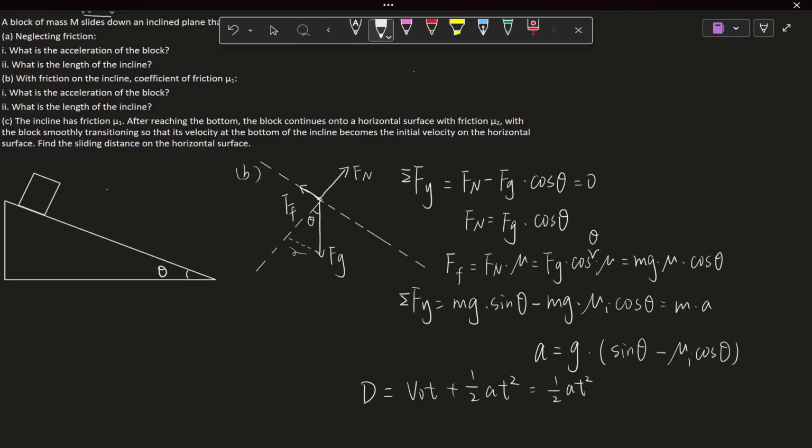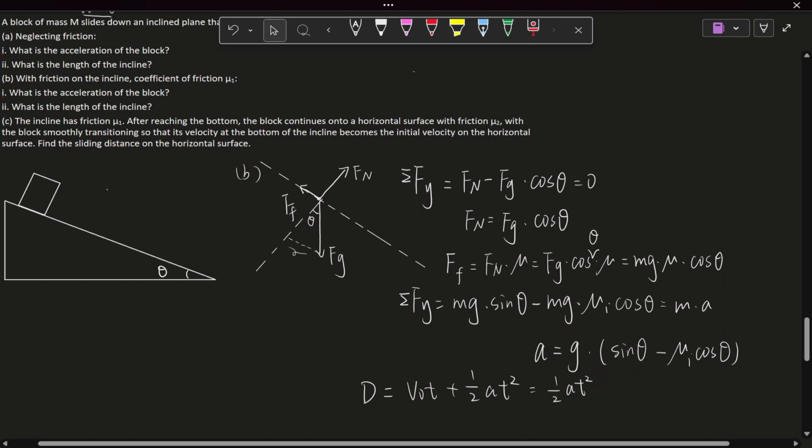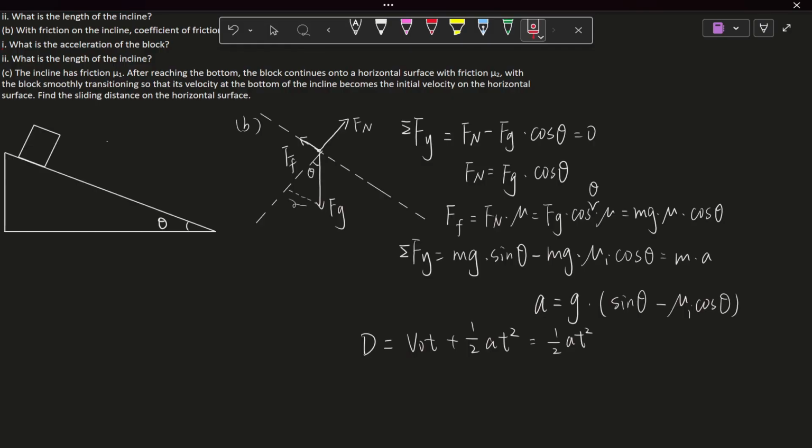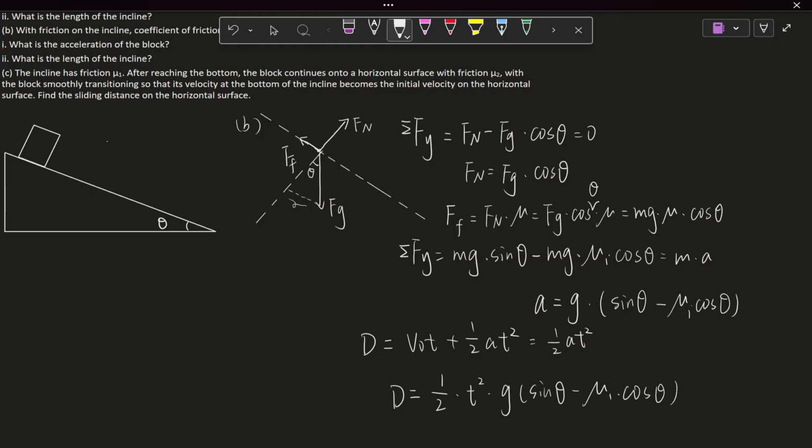Then we just plug a in over here, and we can get D is equal to half times t squared times g times sine theta minus mu1 times cosine theta. And this is your answer for this part.